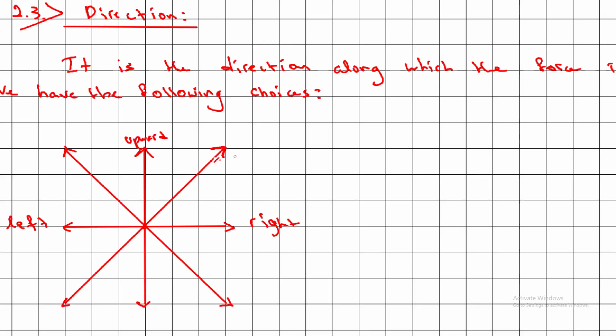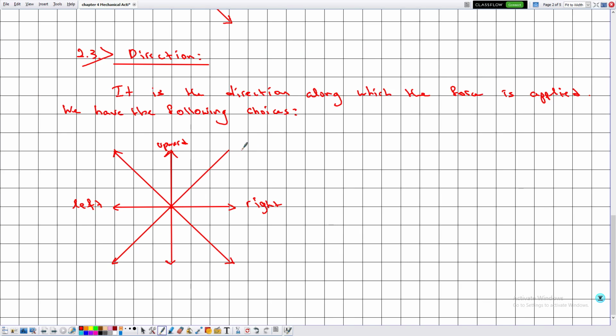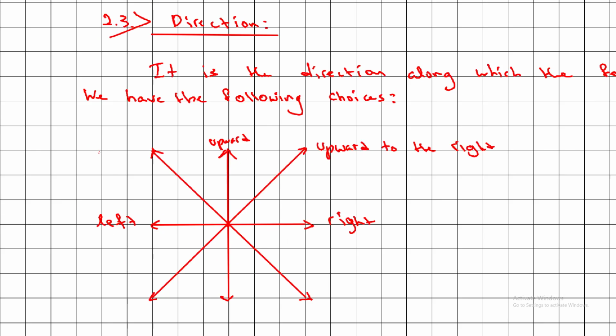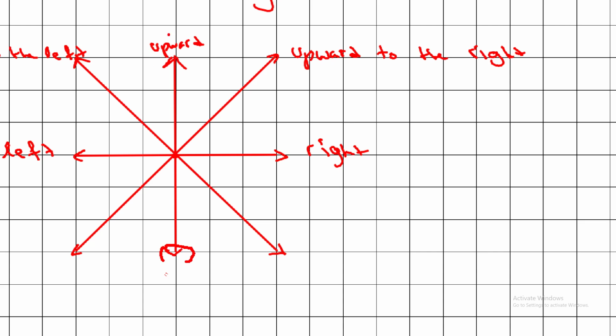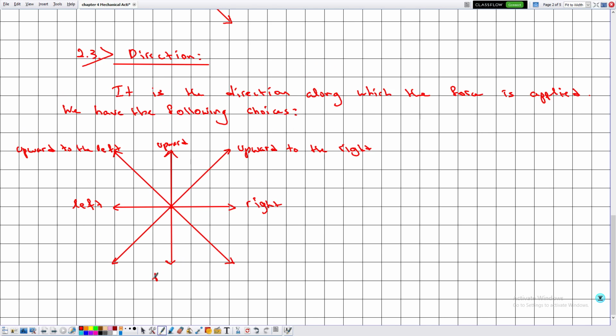This direction is said to be upward to the right. This direction is said to be upward to the left. This direction is opposite to upward, which is downward.